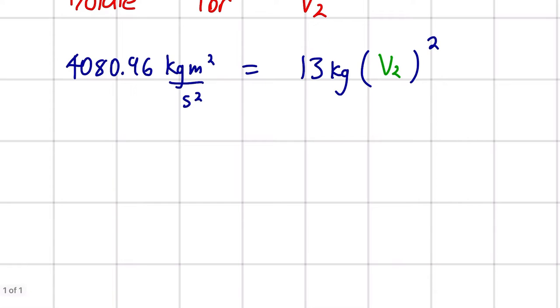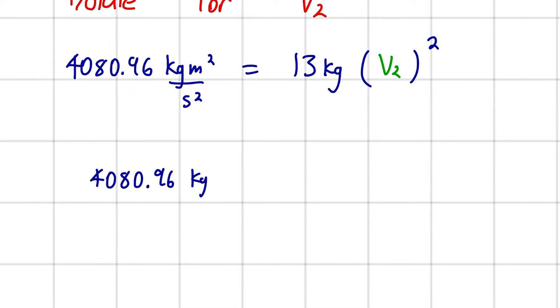And now I want to bring this 13 kilograms to the other side so we can start isolating V2. So bringing this to the other side as a division, we'll divide it.